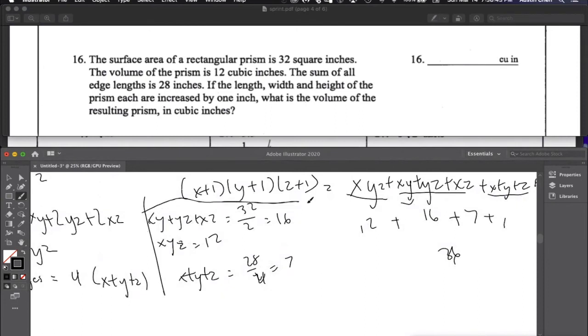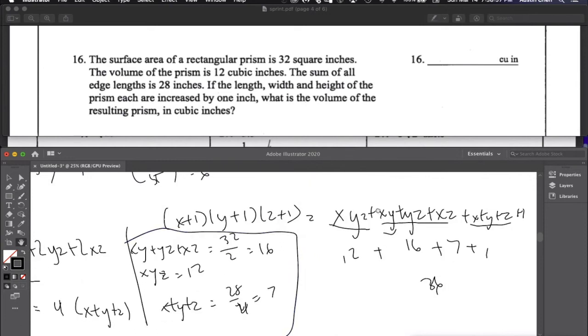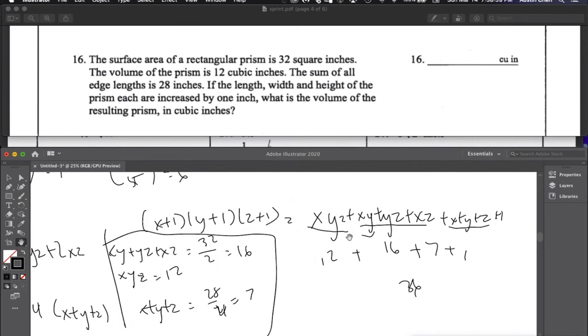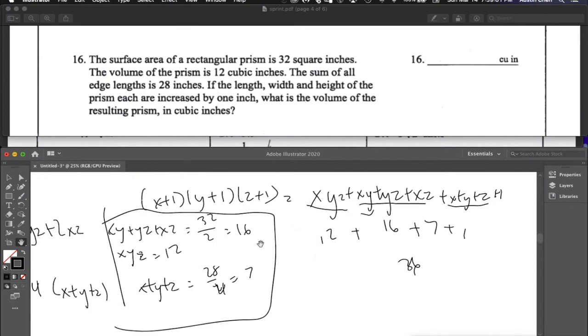If you look at this box, this is a system of 3 equations with 3 variables, right? So you could solve for the variables like that. But it's going to be a little bit slower, right? You're solving a system of 3 equations. So if you can find the clever way, then you save a bit of time. But also, you can just solve it normally with the system of 3 equations.